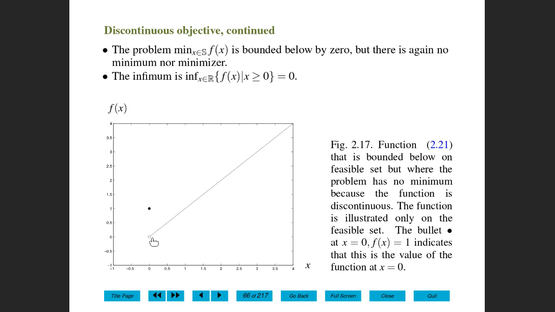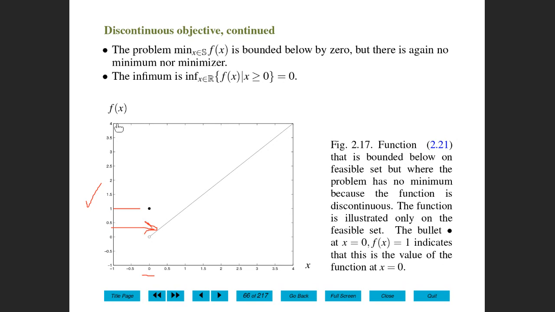Again, if you look at it, what is the minimum for this function? Can we find it? No, I cannot. We cannot, because someone of you can think that, okay, because at this point x is equal to 0, the function value is 1. Here, by the way, the function value is more. If, let's say, I consider this point, for example point 4, this one is an even smaller value.